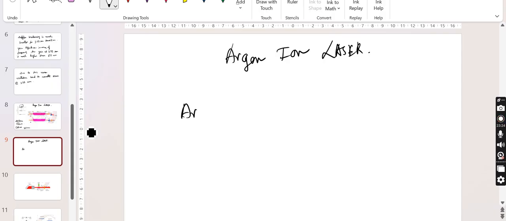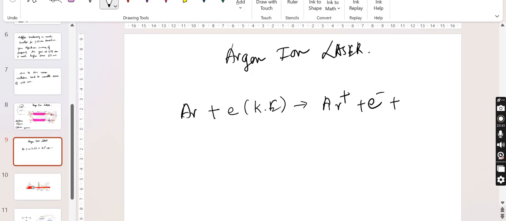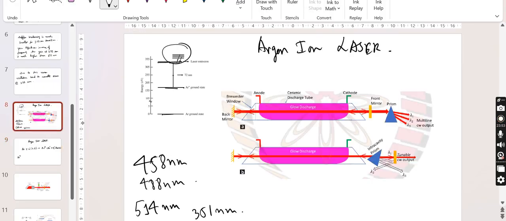So basically, a neutral atom of argon collides with an electron with kinetic energy. That first creates argon plus, which is an ion, and an electron, and this electron will have less kinetic energy. Then from this it goes to this state, argon plus ground state.